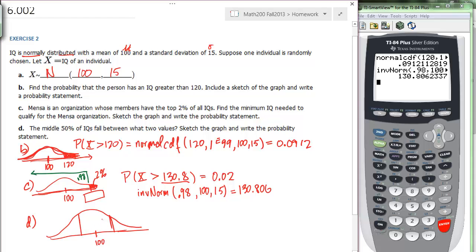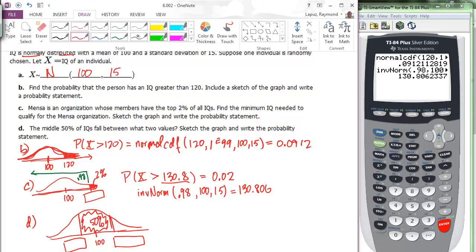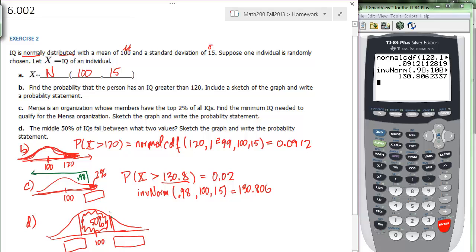We're looking at 50% of the IQs, so we're looking at two values that capture 50% of the middle. If we're looking at 50% in the middle, this is 25% on top and 25% on the bottom.